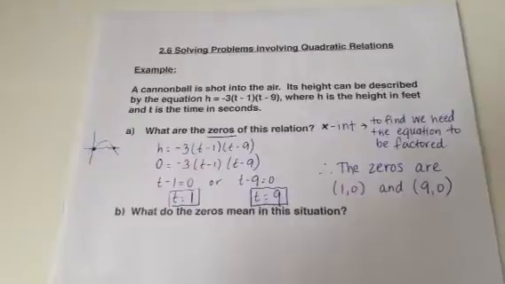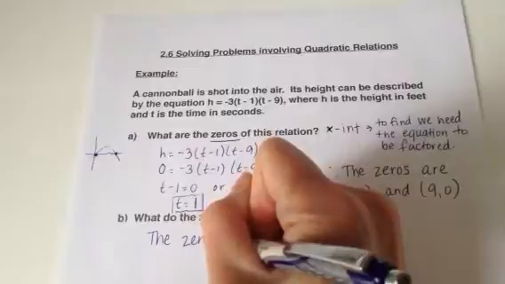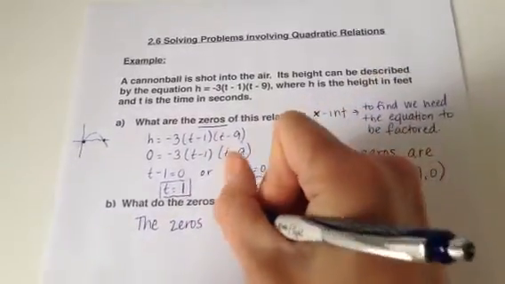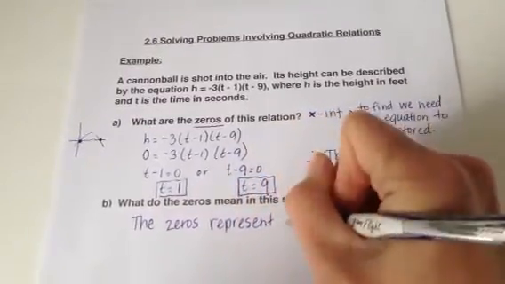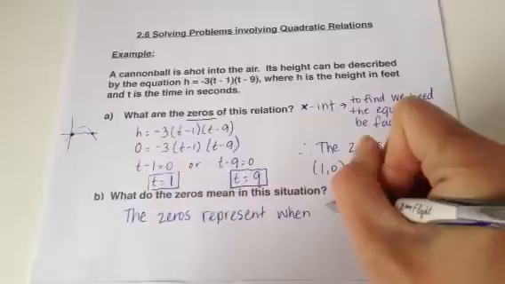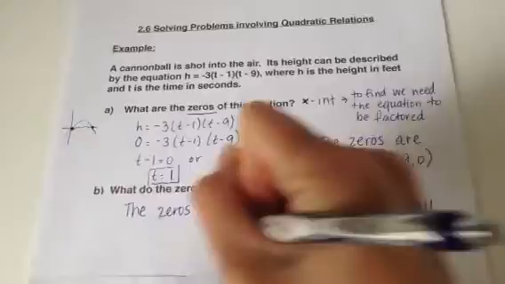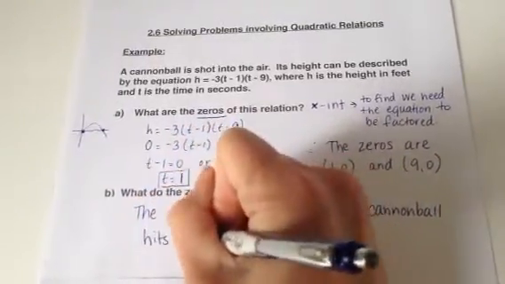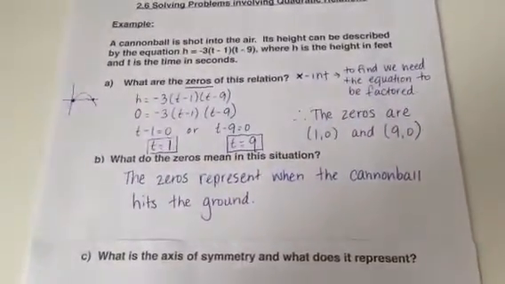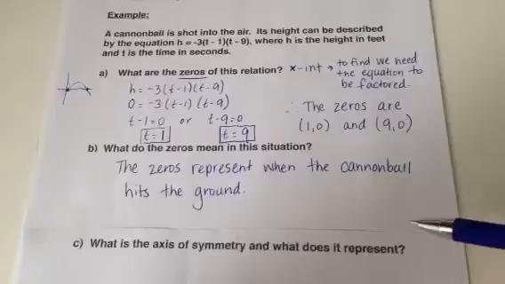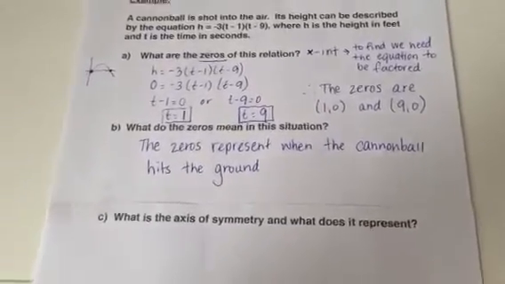So the zeros represent when the cannonball hits the ground. Now remember that when you're answering questions like this, to use complete sentences and to really convey what you mean, so I can give you full marks.